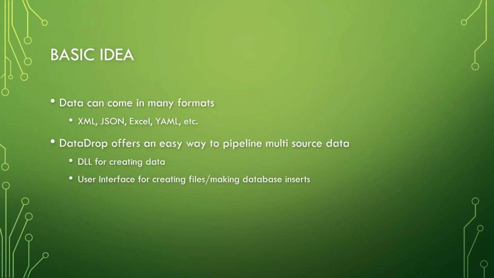So like I said, the basic idea is the data will come in many formats, and you'll want to put that into one single format that you're expecting and that your application or your developers are expecting. The idea is that this would just run in the background after you've done some configurations, and by configurations I mean you'll say, hey, I'm expecting an Excel file with 10 columns and however many rows.